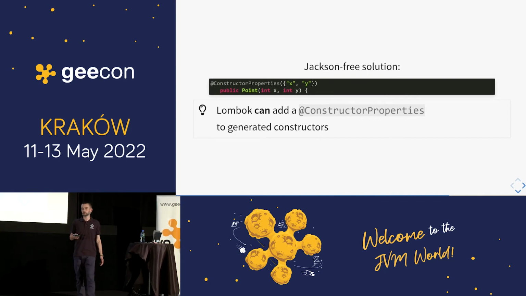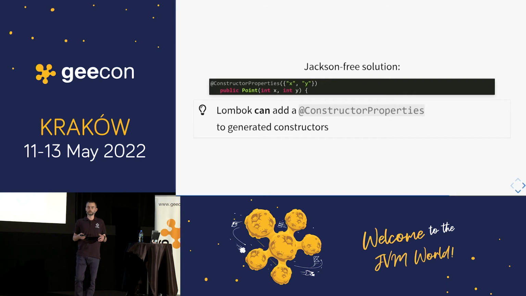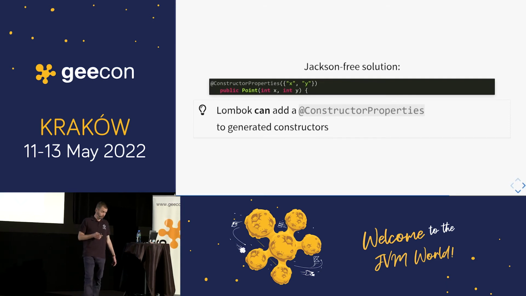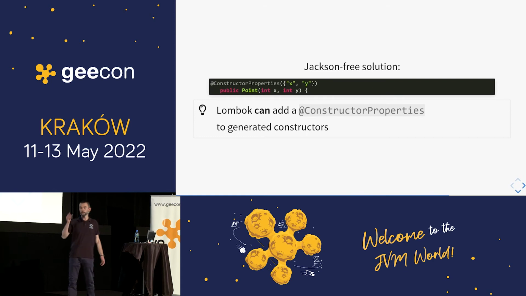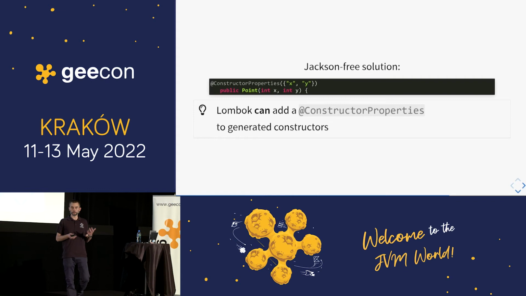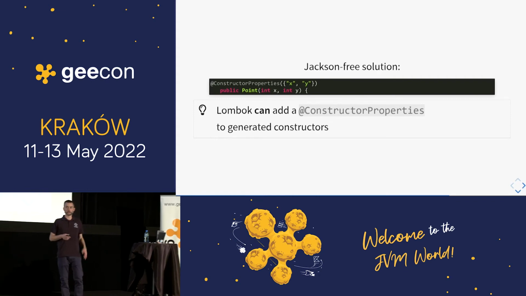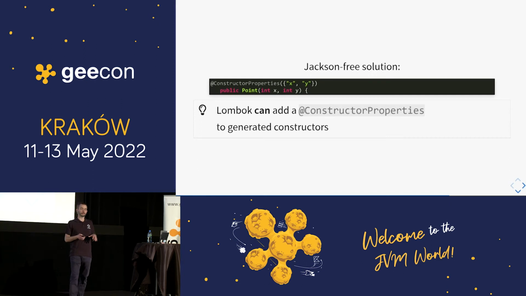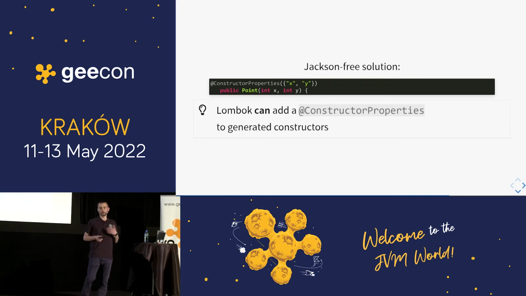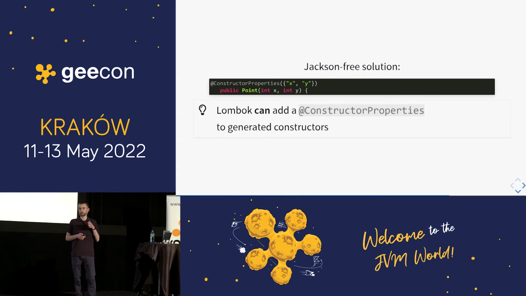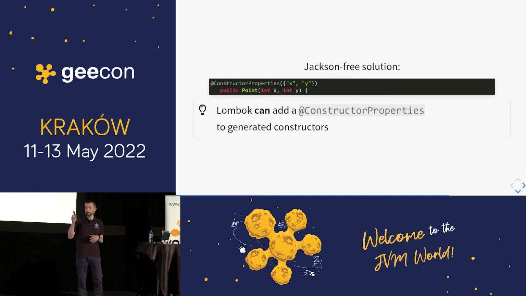It is the same annotation that was visible on the slide two times before. And as you can see, you can write it manually and add configuration. You have to repeat the names of the arguments. Or you can, for example, generate it using Lombok or the plugin that was mentioned. In this case, it's easiest to write it manually.